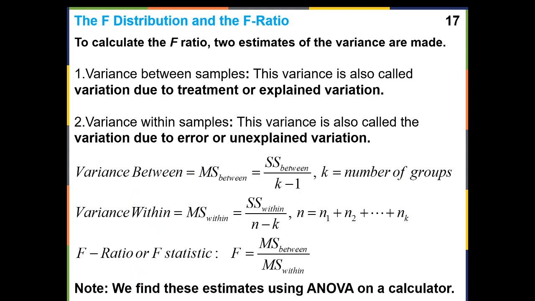So variance between samples, we talked about this again. This variance is also called variation due to treatment or explained variation. And the variance within samples is also called variation due to error or unexplained variation.